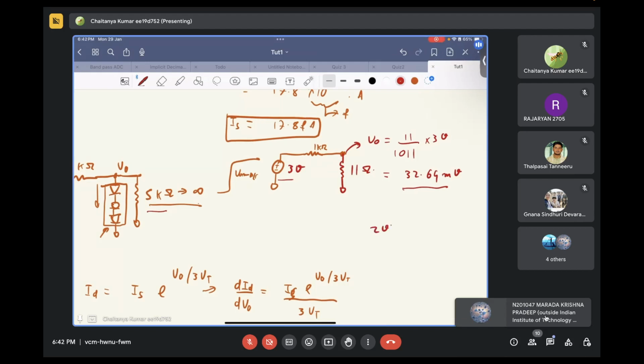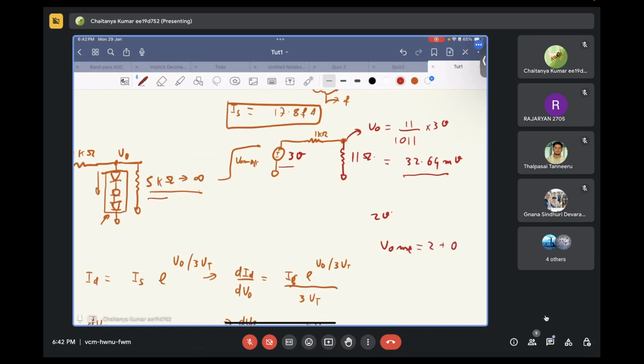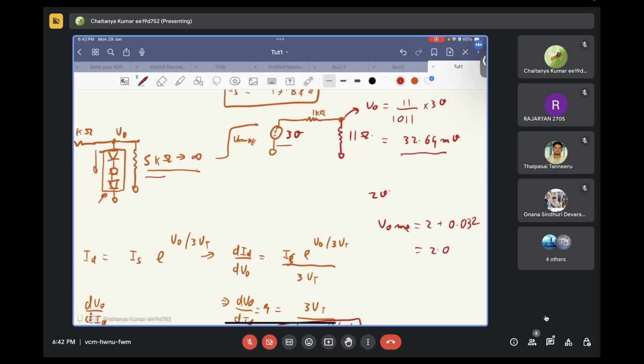So your V out max will be equal to 2 plus 0.032. So your maximum output voltage will go to 2.032 volts.